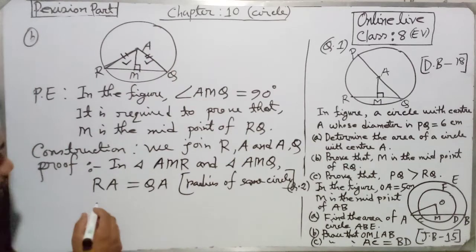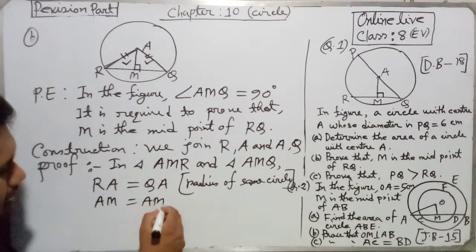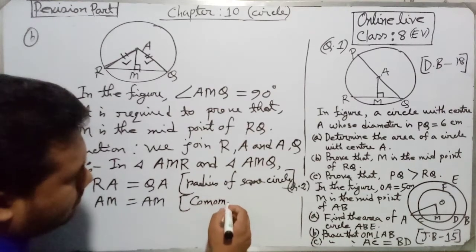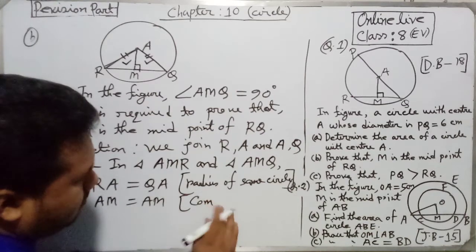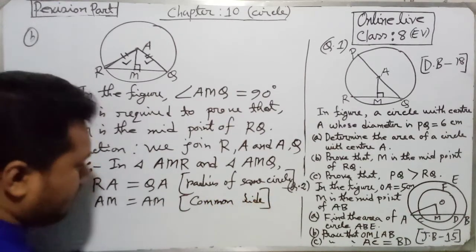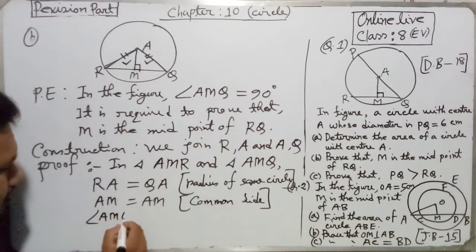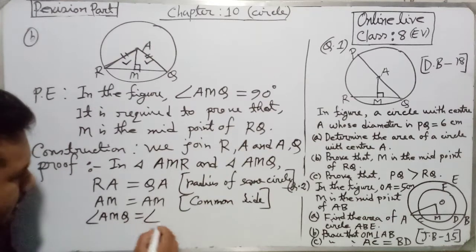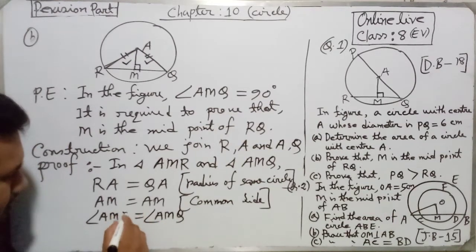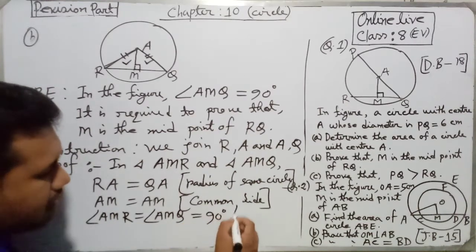Now another one we can write, AM equal AM. Why? This is the common side. And another one, this angle, that means angle AMR and angle AMQ equal 90 degree.